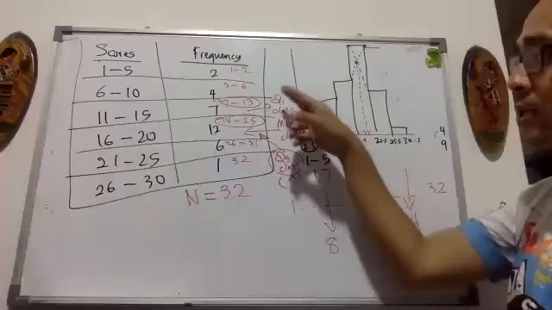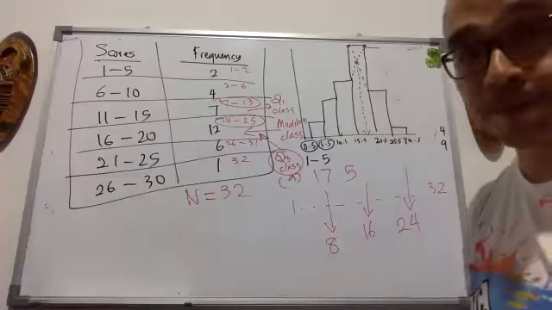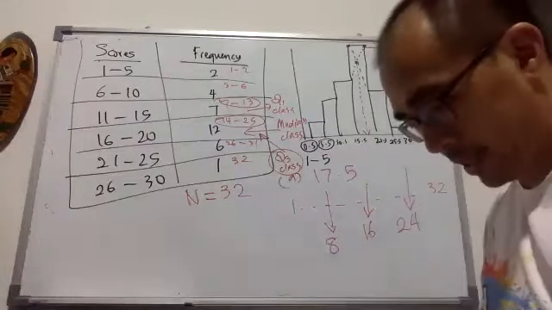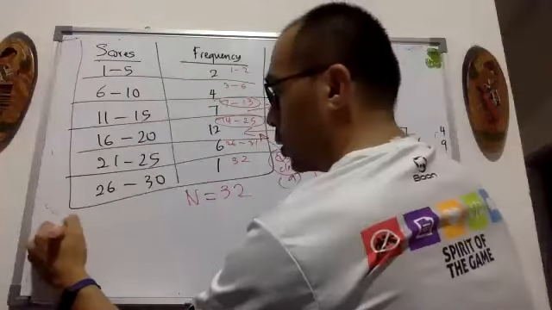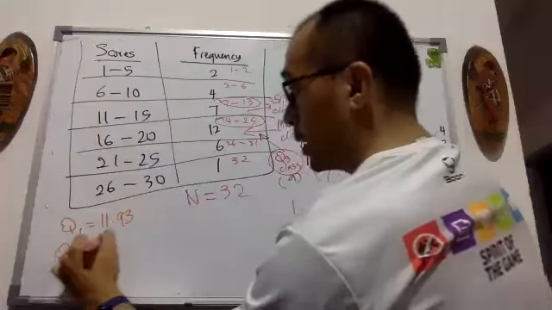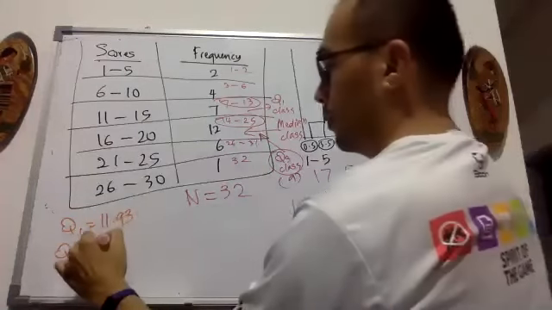Once you've identified the class, go ahead and try to find the third quartile and the first quartile. I'm just going to give you the answers. The first quartile is 11.93. The third quartile is 20.08.